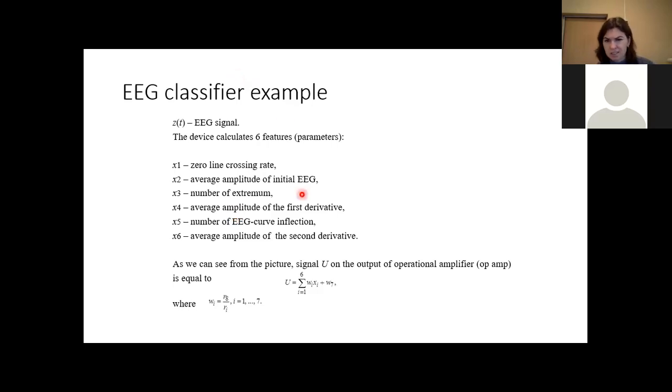In this case, it is a classifier for anesthesia level, to control the awakeness of the patient during an operation. To estimate whether you need more anesthesia or not, a level of consciousness.